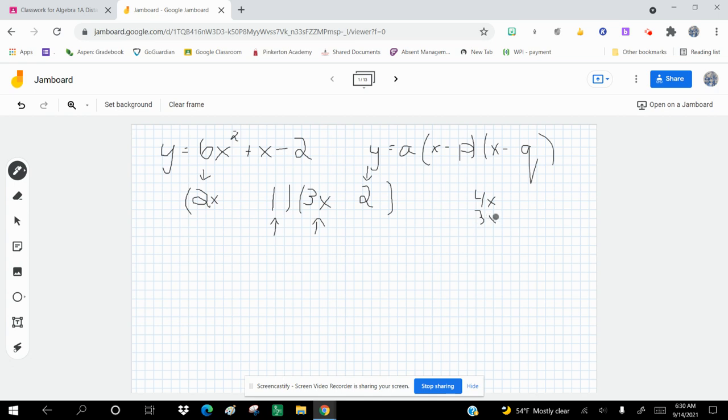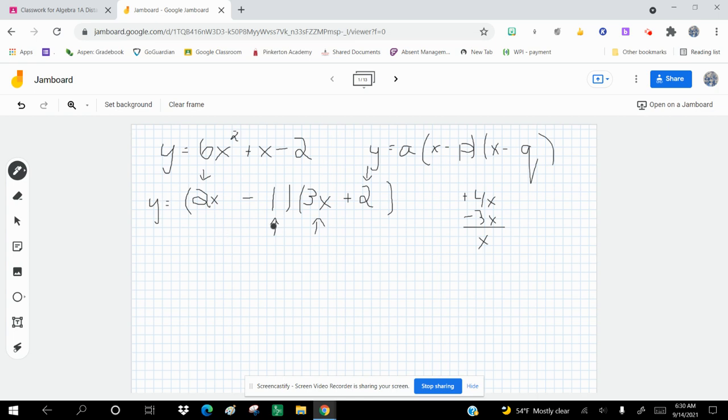So I can see now that if my 4x is positive and my 3x is negative, I'm going to end up with that middle term, which is a positive x. So now what I'm going to do is I'm going to say, well, my 4x has to be positive, so this is what makes up my 4x. My 3x has to be negative, so that's what makes up my 3x. So now I have this factored.